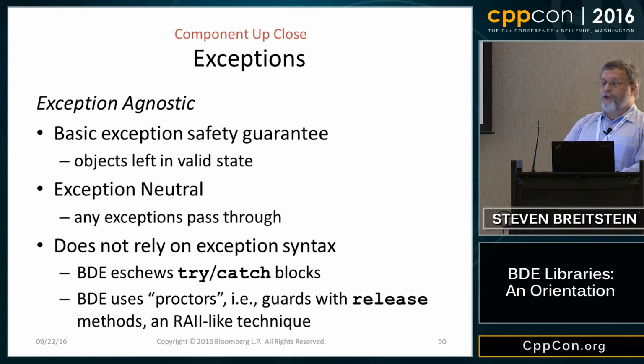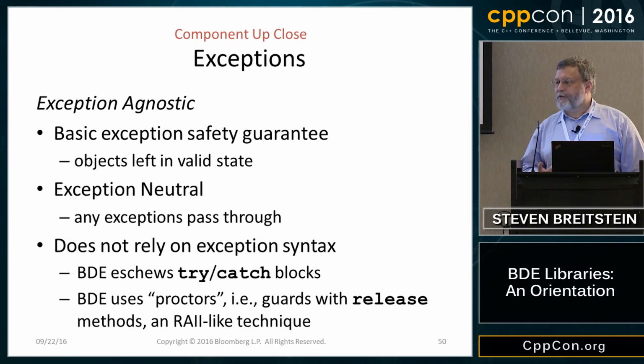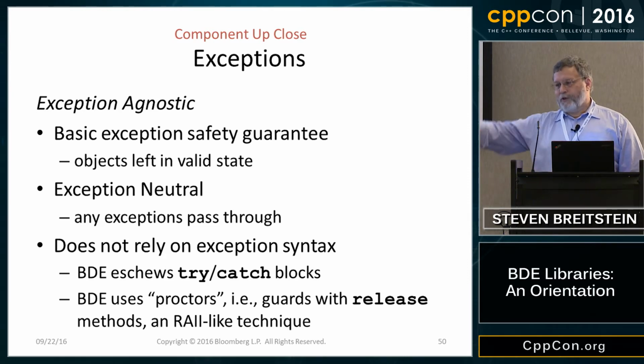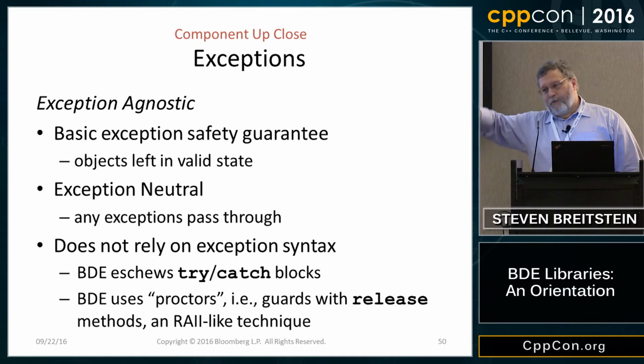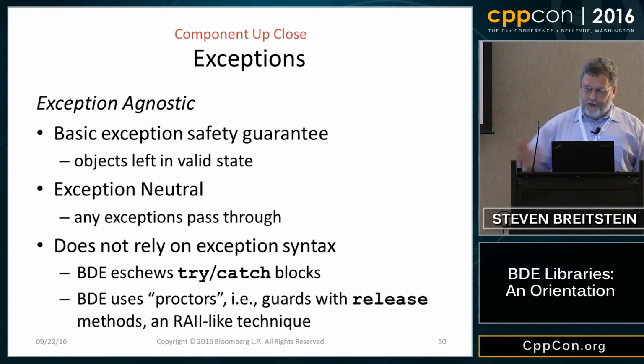You have exception neutrality, in that exceptions will pass through our methods without interference. So if one of our components calls something, which calls something, which calls something, which throws an exception, that exception will not be caught and stopped. It will not be modified. It just flows through, so you can count on that.